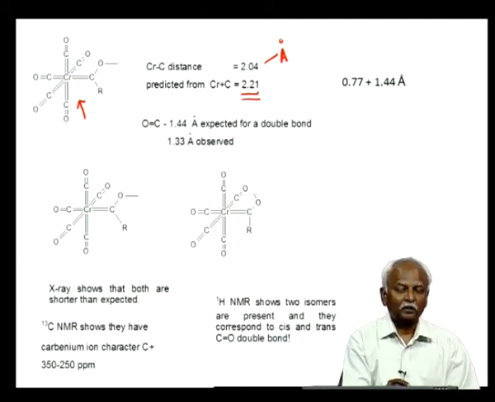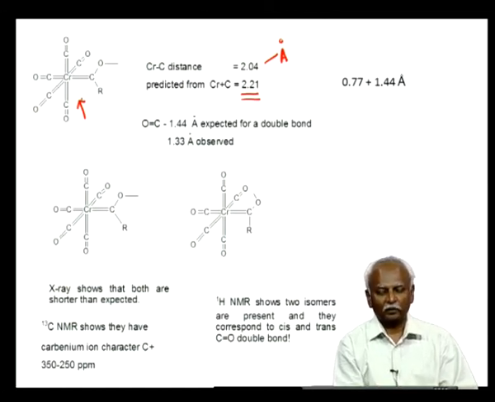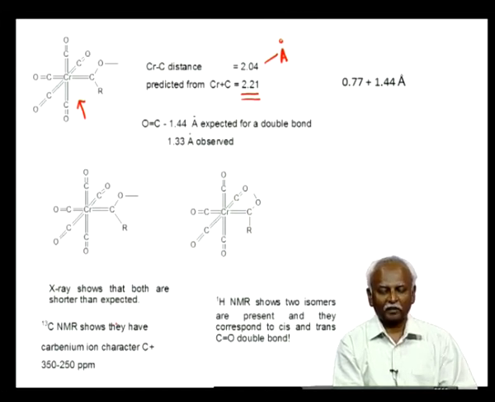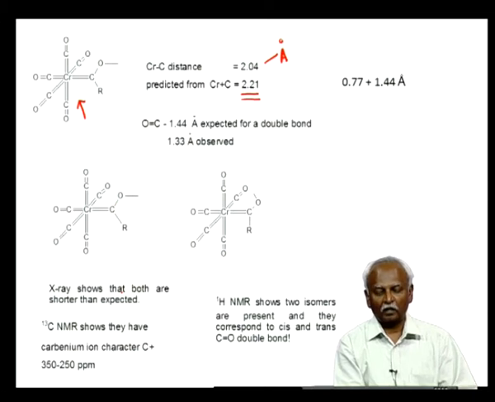So, this double bond character which is there in the chromium hexacarbonyl is responsible for the nucleophilic attack that can take place between alkyl lithium onto the carbenic carbon, which is in fact a carbonyl complex in this particular instance.